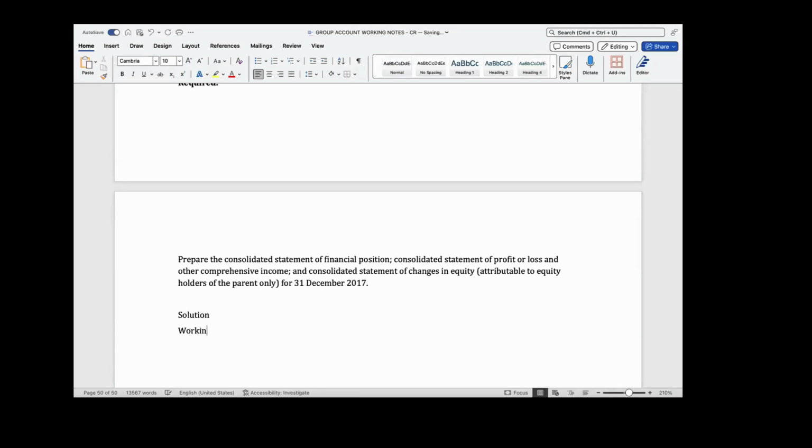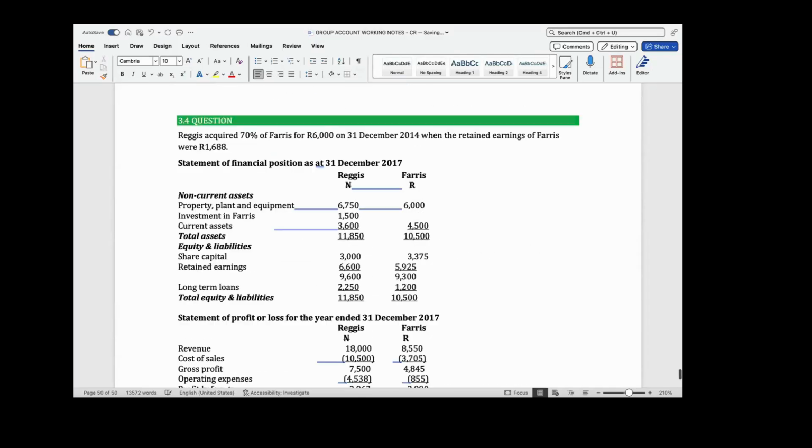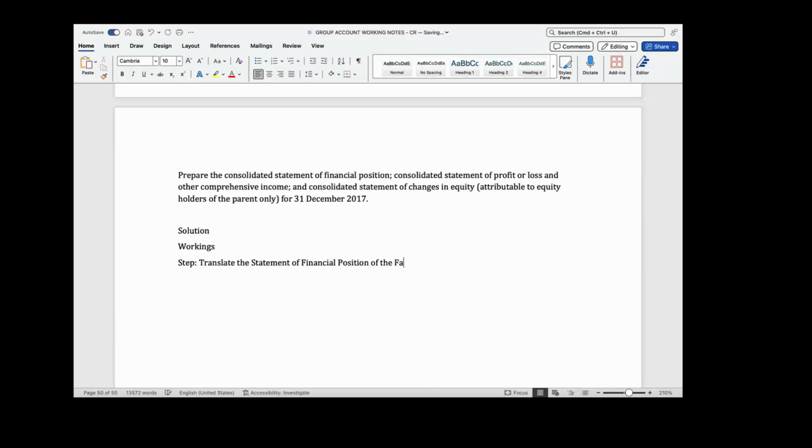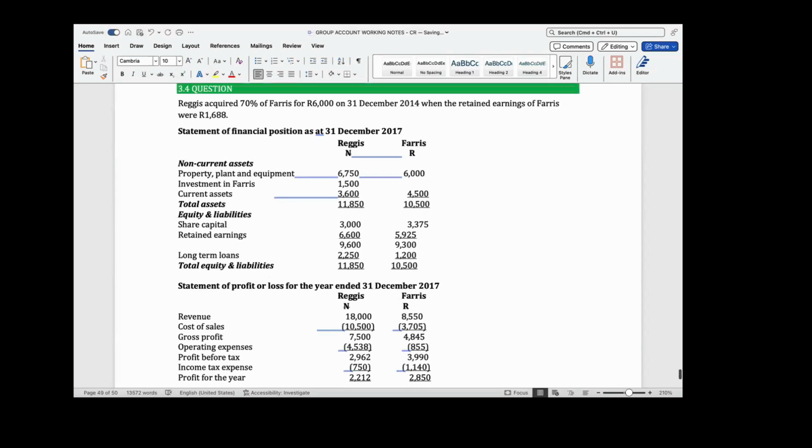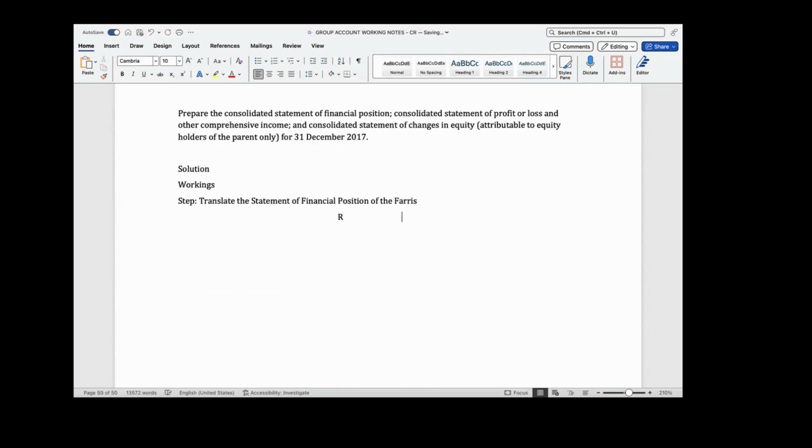So the first thing we do, which is step 1, we know that this is a foreign subsidiary, so don't even stress. Just translate the statement of financial position of the foreign subsidiary, in this case Faris.